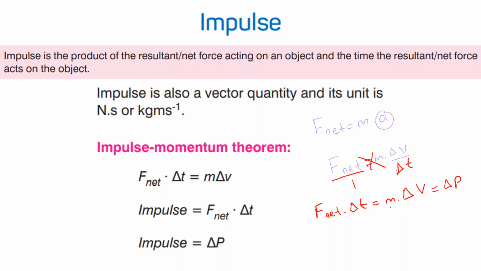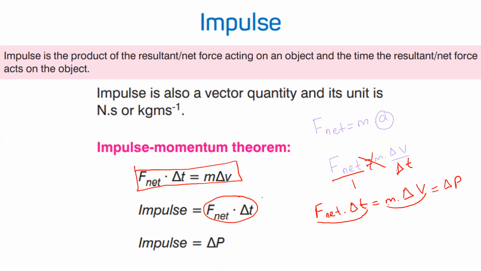So impulse is lucky, it has 2 different formulas: m times delta v or F net times delta t. So F net times delta t equals m times delta v. Impulse equals F net times delta t. And from this formula we write the definition of impulse: product of net force and the time the net force acts on the object.